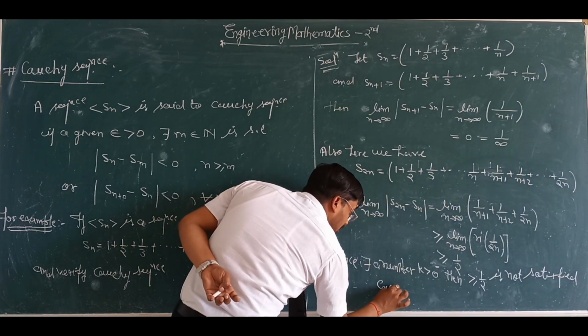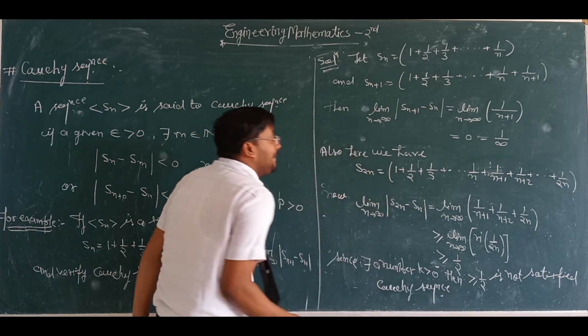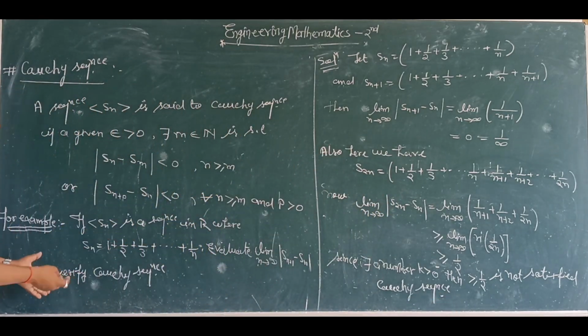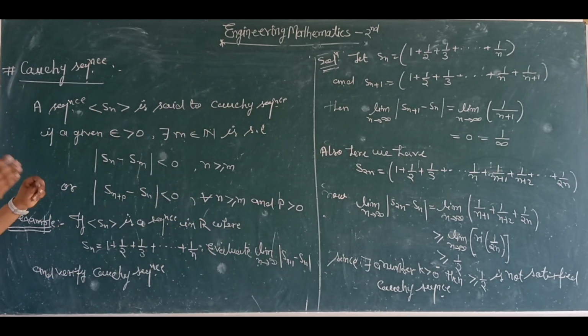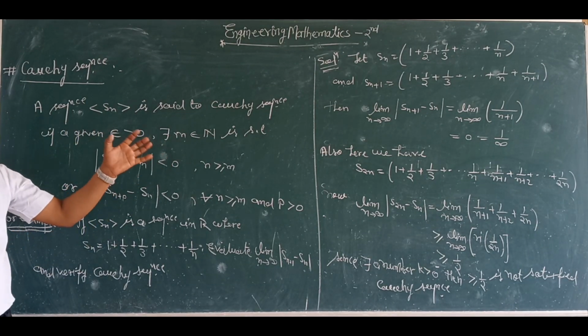So it is not a Cauchy sequence. This is a numerical related to the Cauchy sequence. If you have any problem, please comment on my video. Now again I will discuss the monotonic sequence.